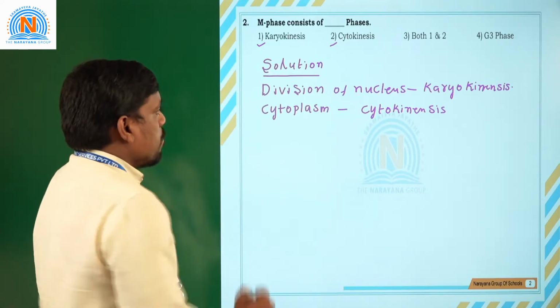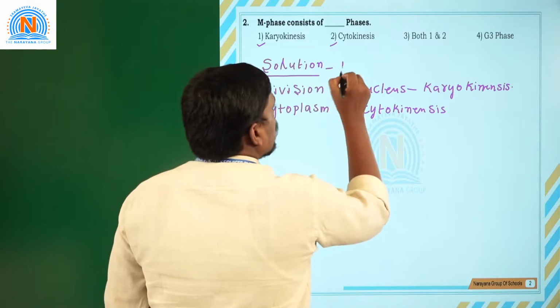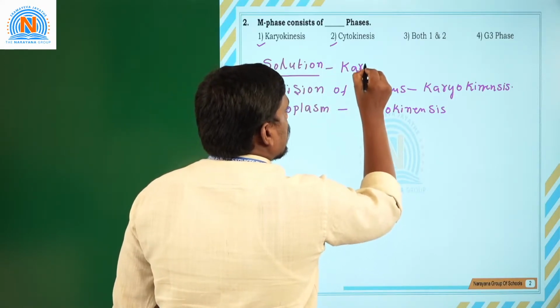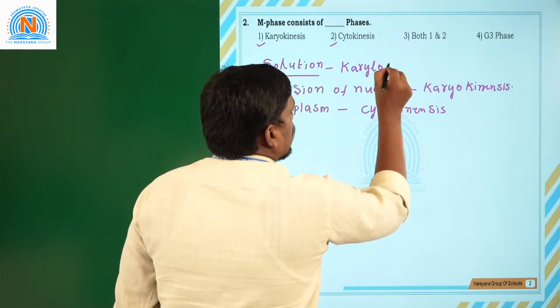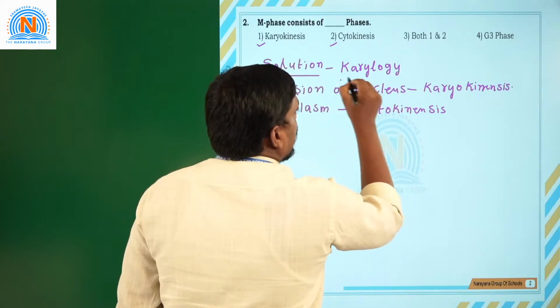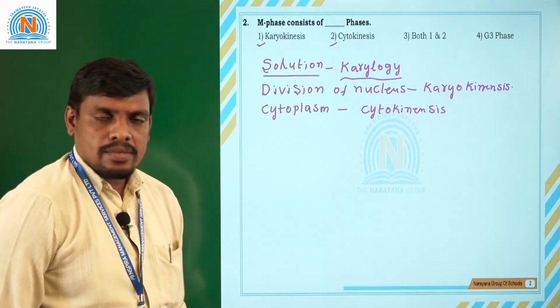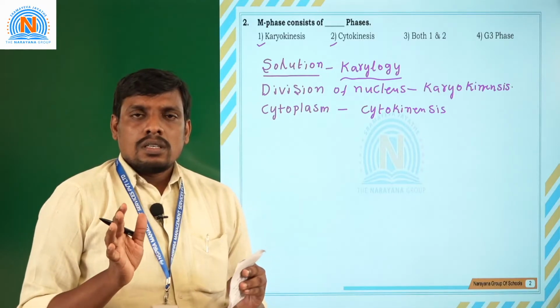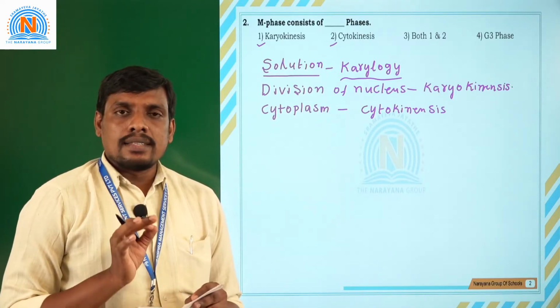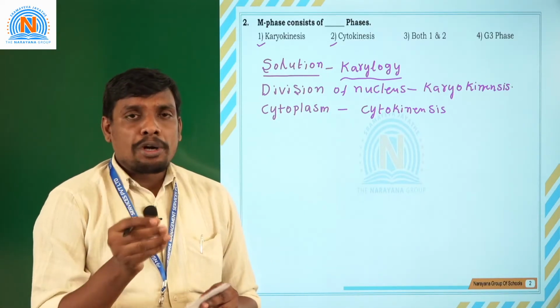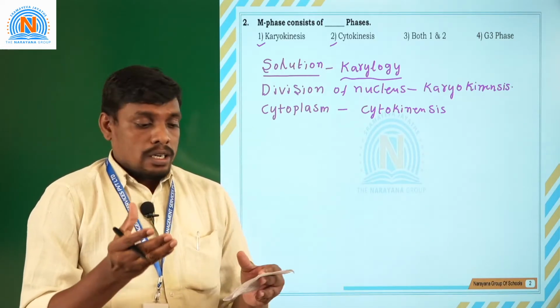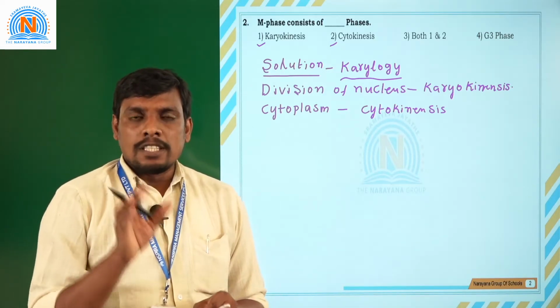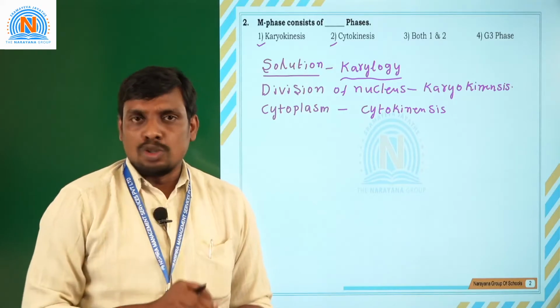You know that karyology is the branch of science that deals with the nucleus. What do you mean by nucleus? The nucleus acts as the brain of the cell, isn't it? All the functions in the cell are regulated and monitored by a specific cell organelle called the nucleus.